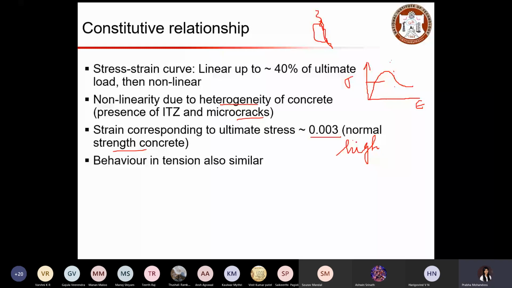For high strength, the strain value will be reduced. So the concrete behavior will be similar in tension also, but the stress range will be less because concrete cannot take more tension load. It will easily fail when it is subjected to tension.